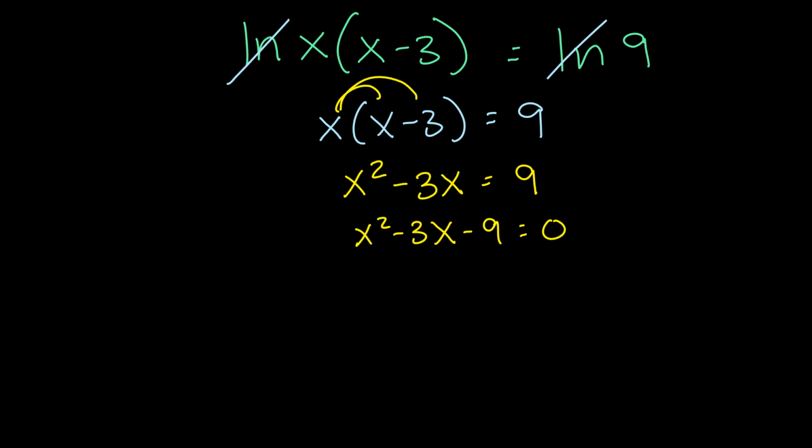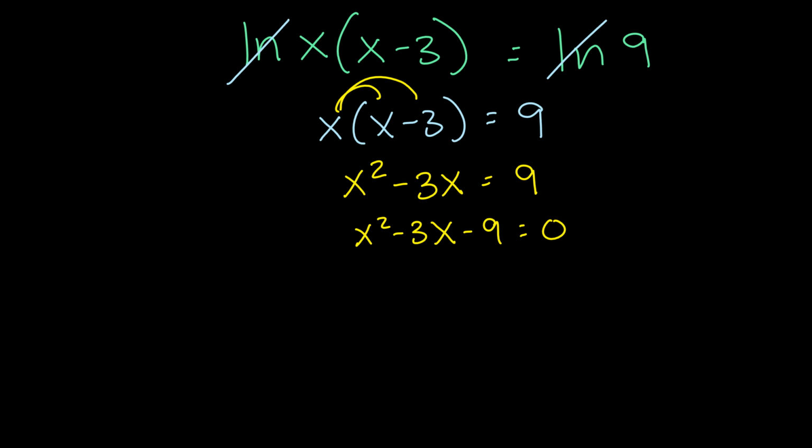Now, what multiplies to give you negative 9, but adds to give you negative 3? Does anything? No. So what do you need to do?